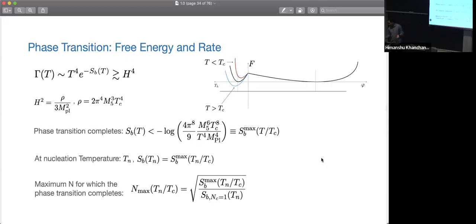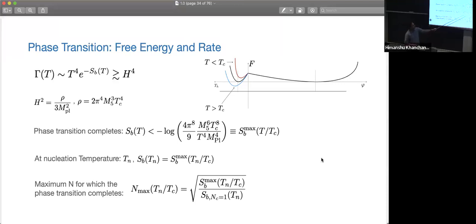And yeah, now once you have the rate, you compare it to the Hubble, which is what I was saying before, because the false vacuum is inflating. So the phase transition will complete when the rate is comparable to the Hubble, or effectively when the bounce action matches this quantity. I'm just taking the log of this quantity. So when the bounce action is smaller than this max bounce action, your rate is fast enough.